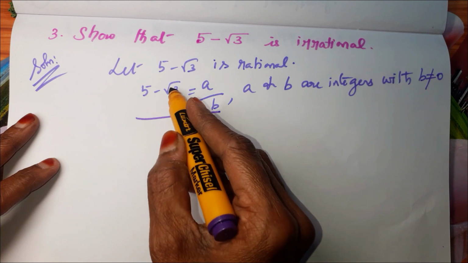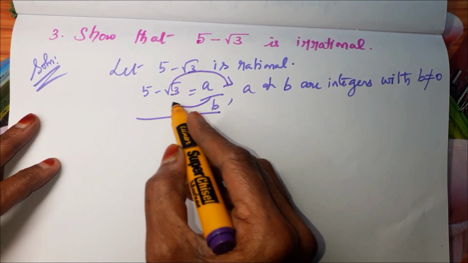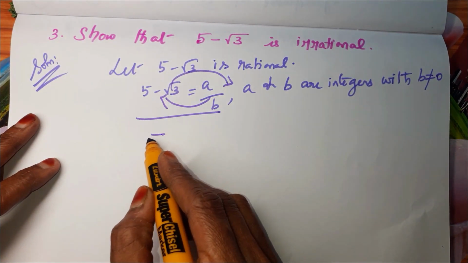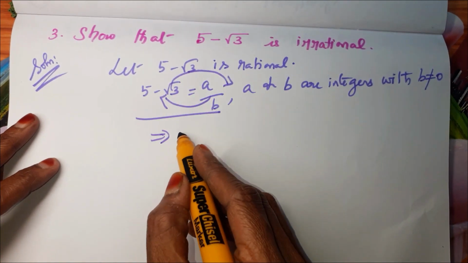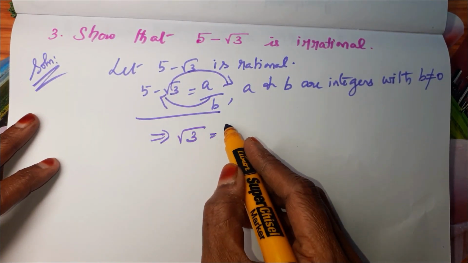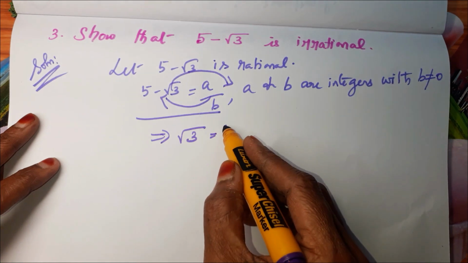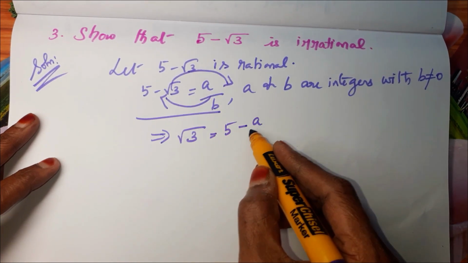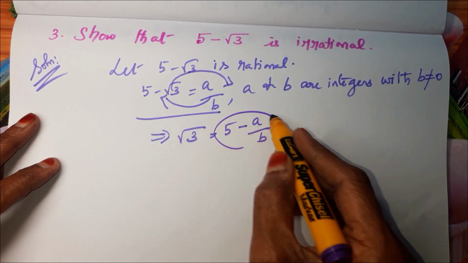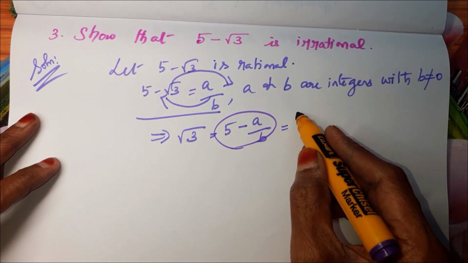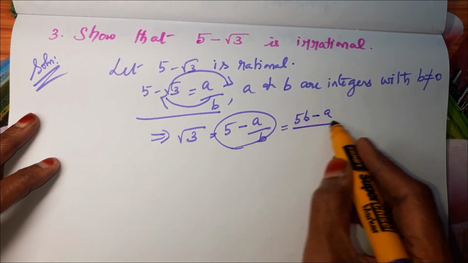So from this, take root 3 to this side and a by b to the other side. Root 3 becomes positive and a by b becomes negative, so root 3 equals 5 minus a by b. Taking the LCM, it is 5b minus a by b.